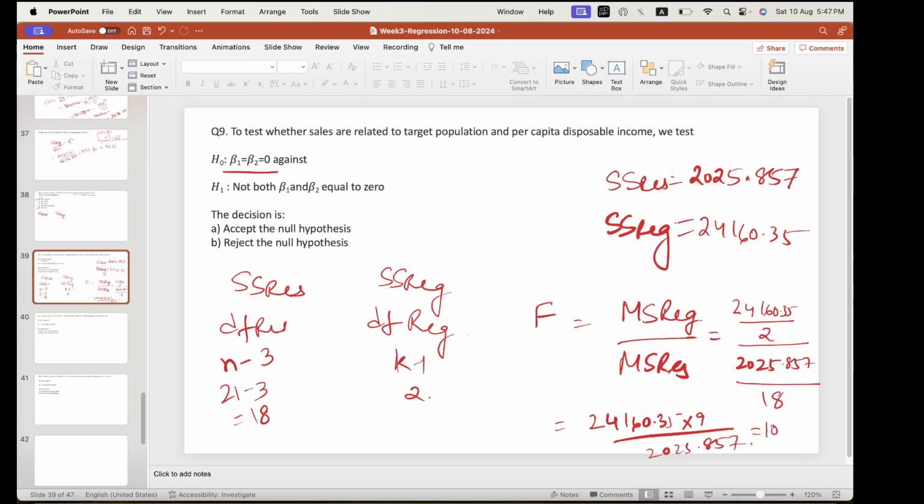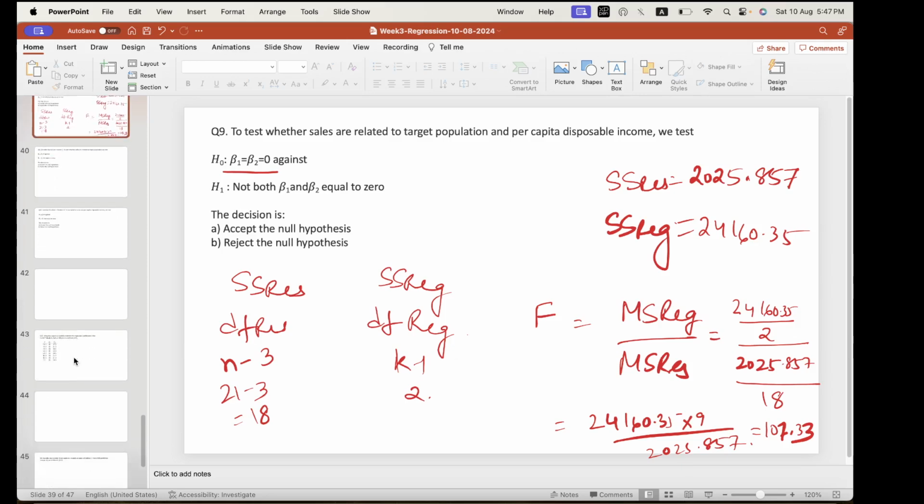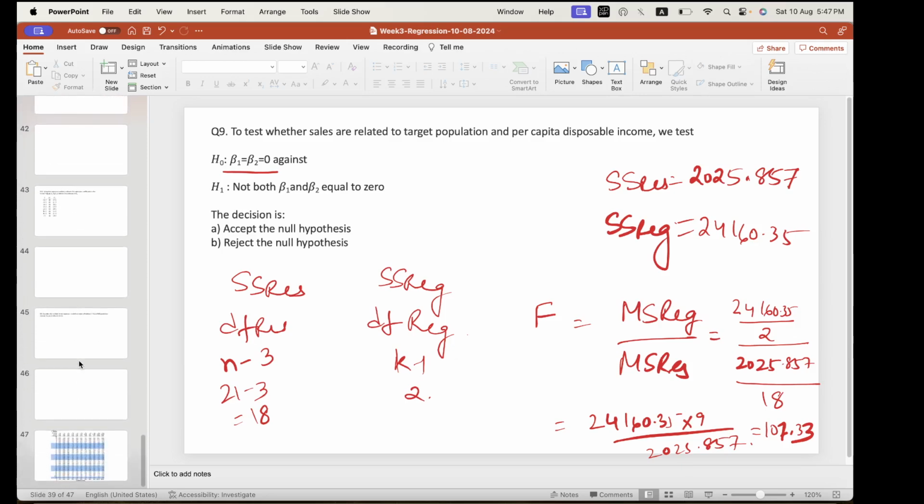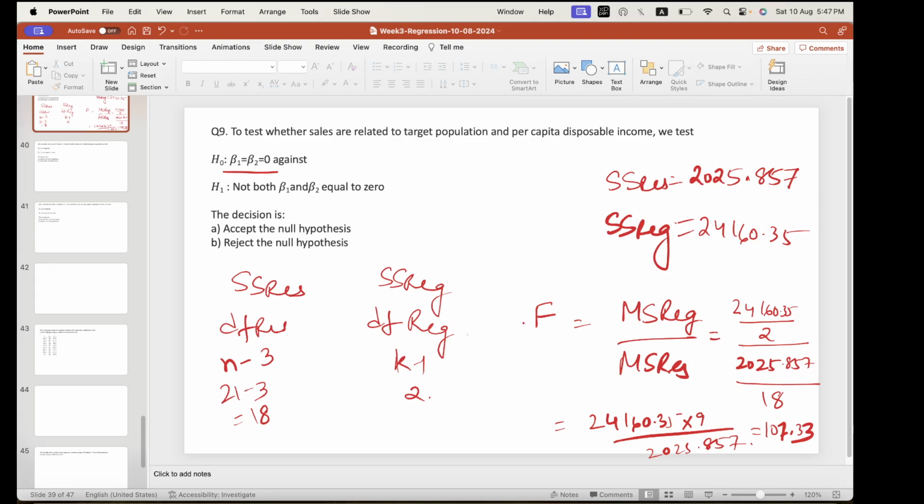So this value is something close to 107.33. Okay, and we have to find out the F statistic corresponding to this thing.